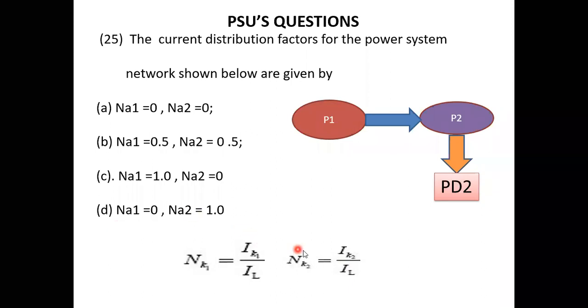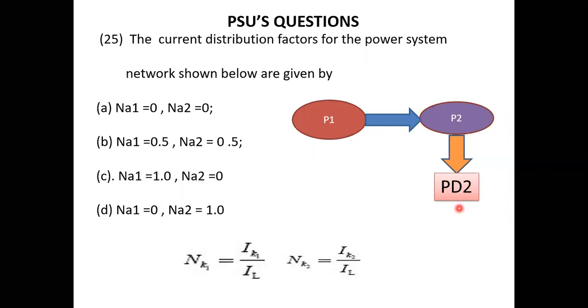Here, IK1 and IK2 are nothing but the currents which are present in the transmission network. We have two power plants, P1 and P2. Here the load is connected very near to power plant 2. Now tell me, is there any necessity to have a transmission line between power plant 2 and the load?